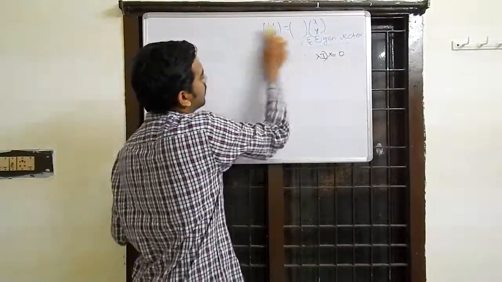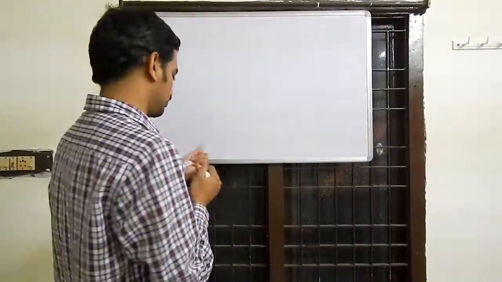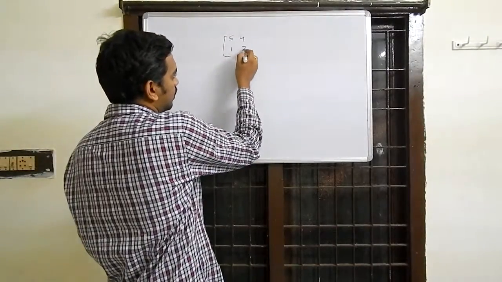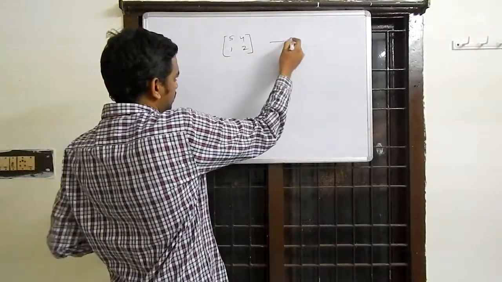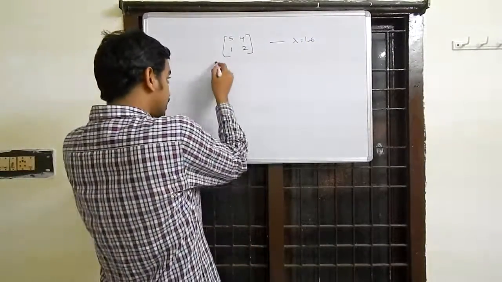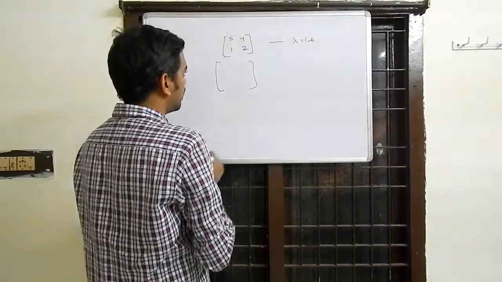So you are finding the values lambda is equal to 1 and 6 for the particular matrix 5, 4, 1, 2. For the matrix 5, 4, 1, 2, what are the eigenvalues? Lambda is equal to 1 and 6. Now I am trying a 3 by 3 matrix.